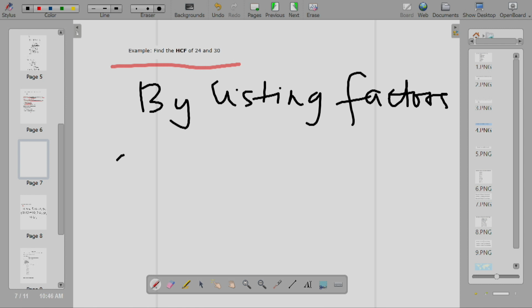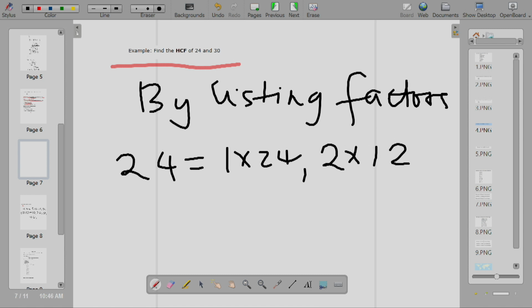We have 24, which is equal to 1 times 24, also equal to 2 times 12, also equal to 3 times 8, also equal to 4 times 6.